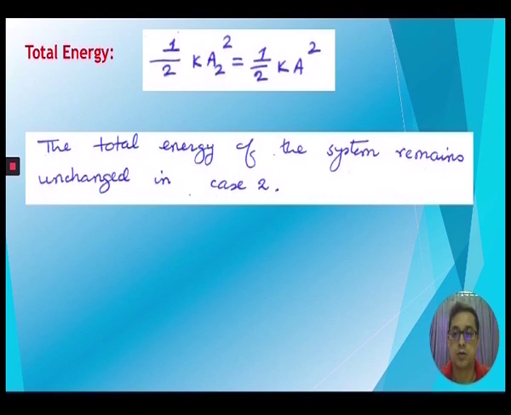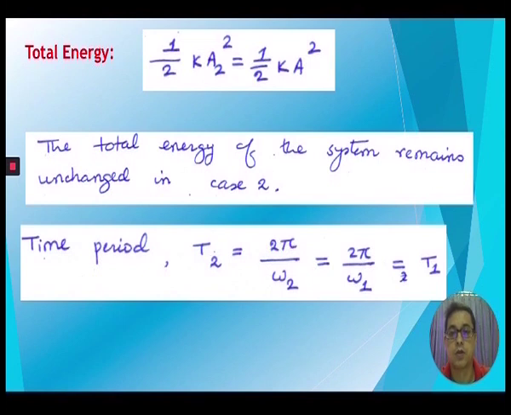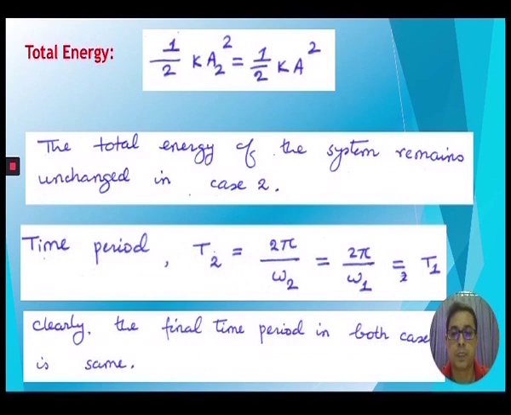The total energy of the system remains unchanged in case 2. What about the time period? This is 2 pi by omega 2, and omega 2 is equal to omega 1. It is not changed. So the time period is exactly the same as in case 1. Clearly, the final time period in both cases is the same.